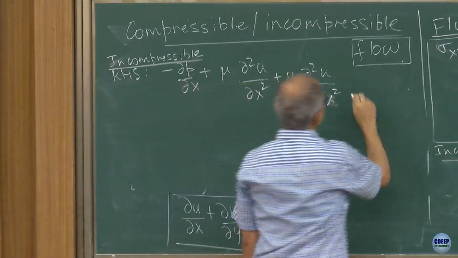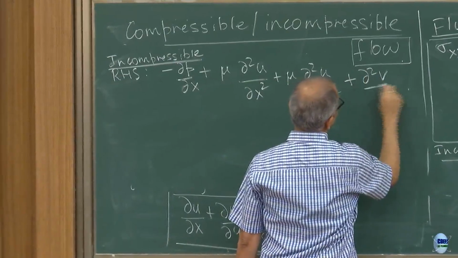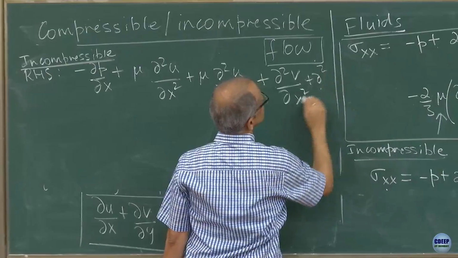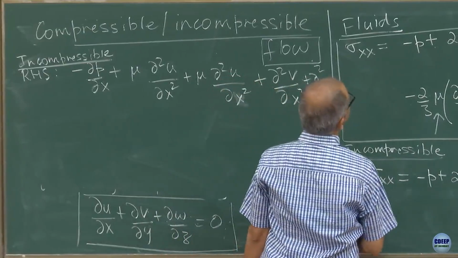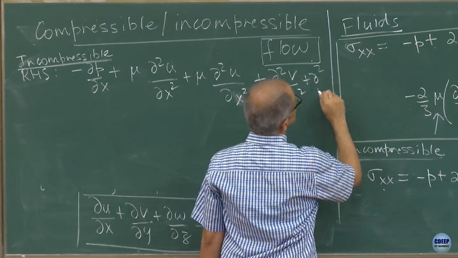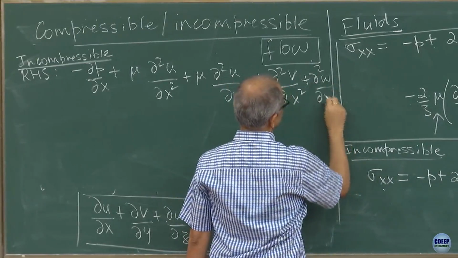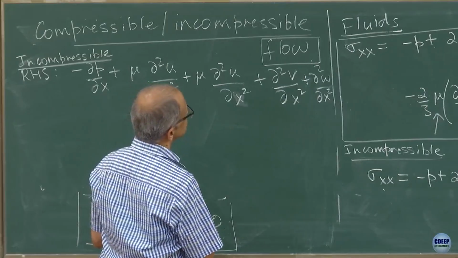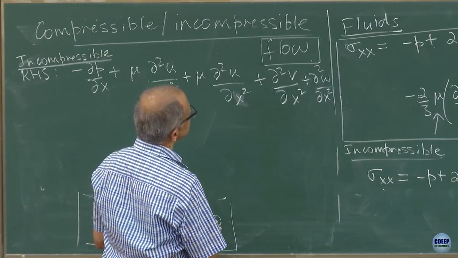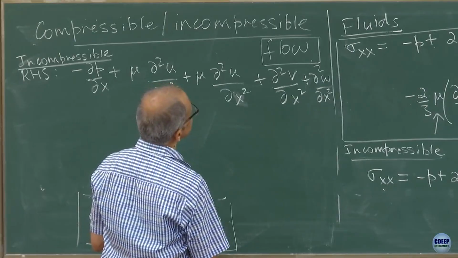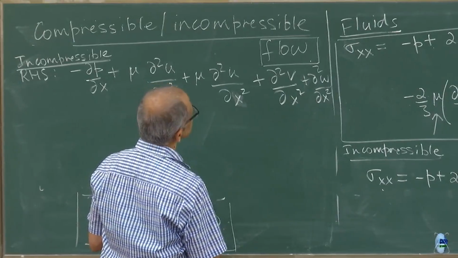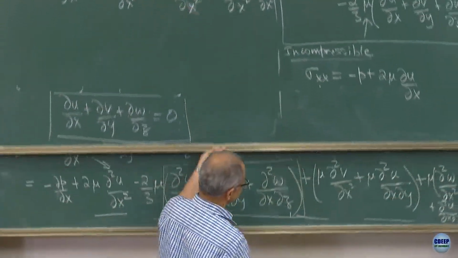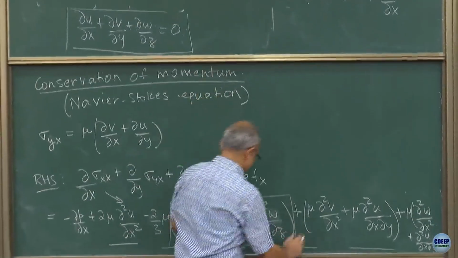And from the other terms, I get dou squared v by dou x squared, sorry, this, dou x squared. I think we have messed up certain terms here. Sorry about this. This equation is not correct actually.